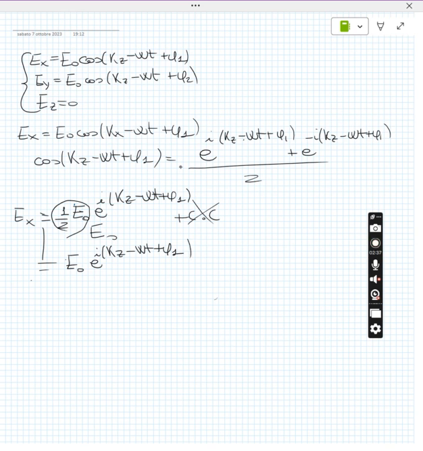So what we get is a new set of equations that we can write like this.